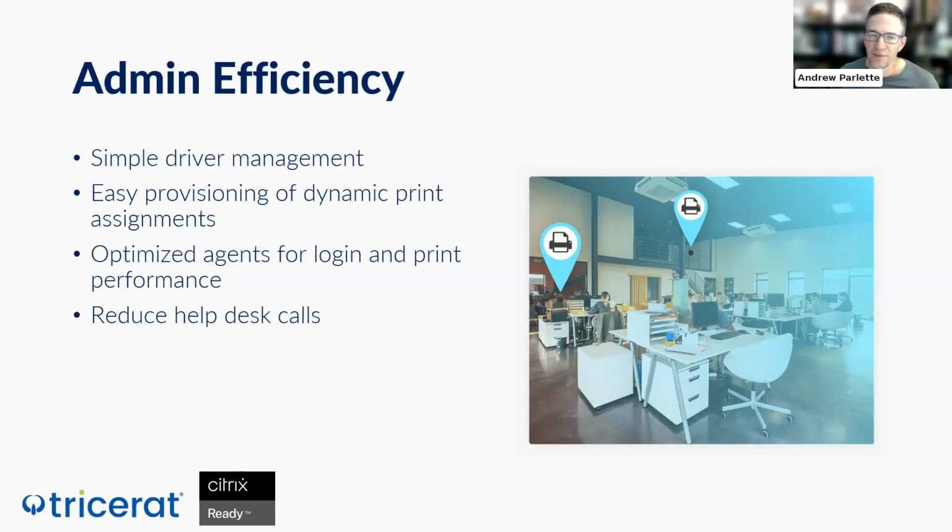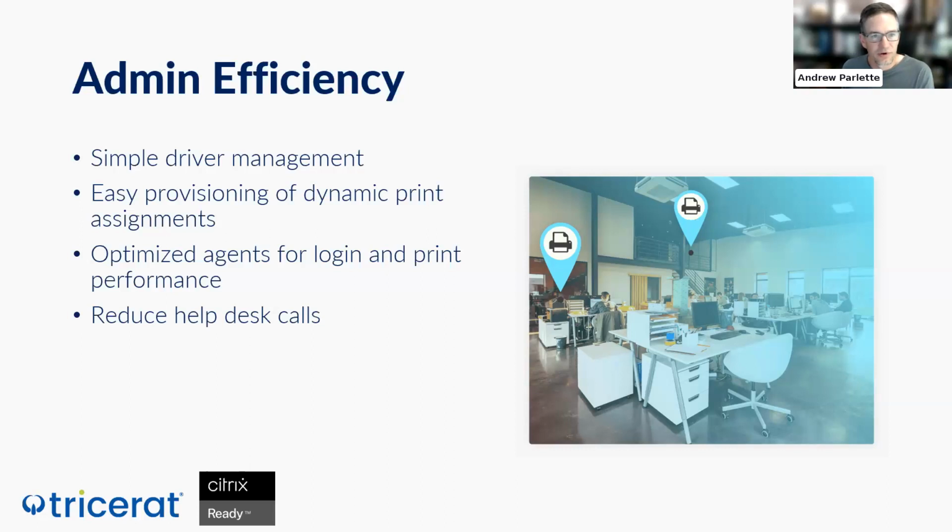And so one common scenario would be like a healthcare environment where I might have thin clients deployed in each room with printers nearby. And I want to make sure that when a doctor or nurse or whoever walks up and taps into that thin client and gets their VDI session, I want to automatically map a printer, because I know there's a printer right next to that client. I don't care who it is logging in.